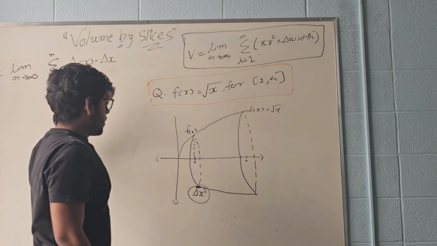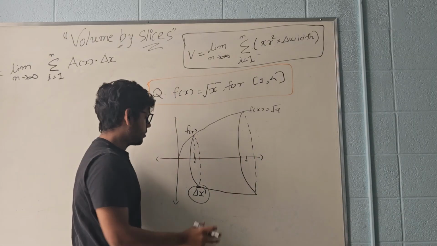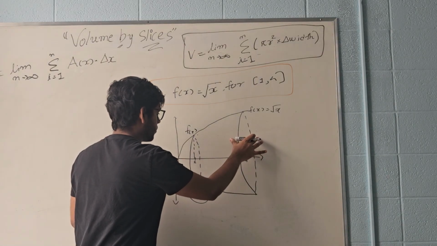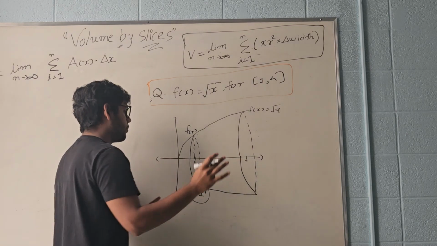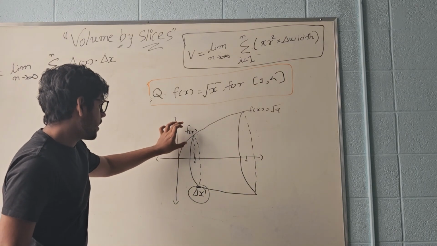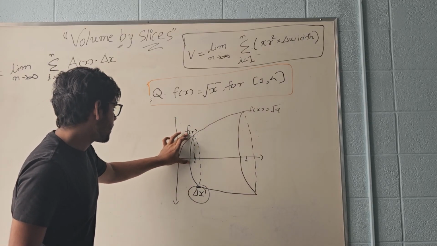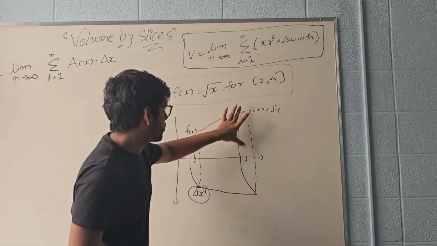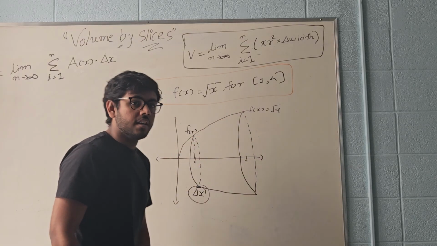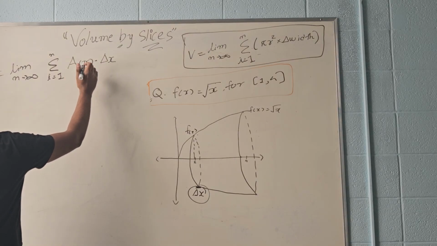Because the area of each slice is going to be different, right? This slice is smaller than this slice, so the area of this slice is obviously going to be smaller than this, because our radius here is f of x and our width here is delta x. So our radius f of x is going to be different for each slice. Our radius is bigger here, so the area would obviously be bigger, right? That's why our area is changing according to x.